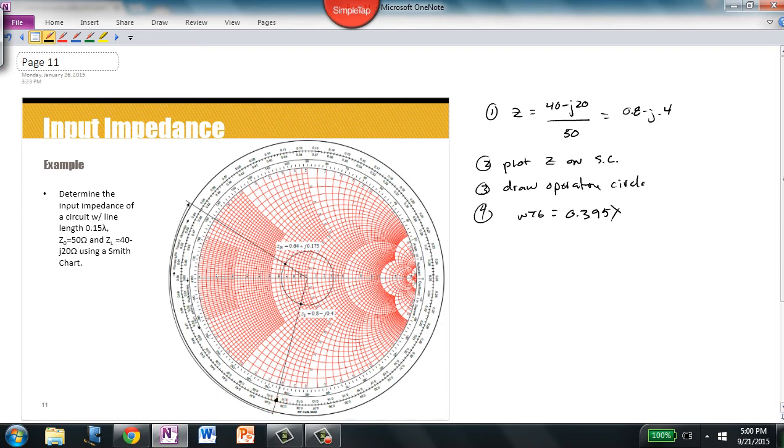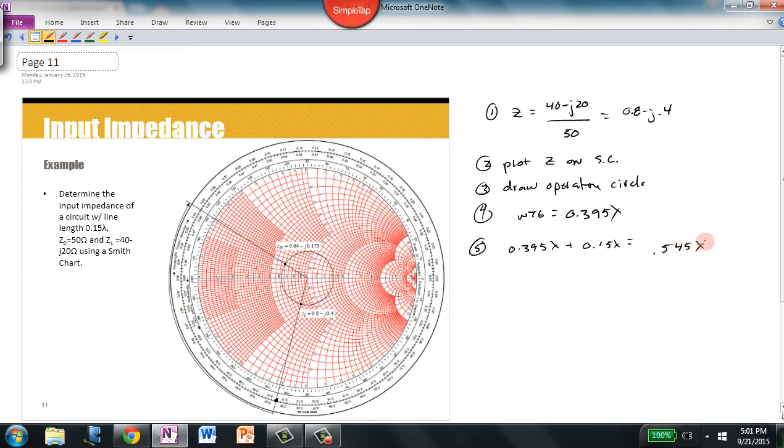Step 5 is that we need to rotate by the length of the transmission line. So we do 0.395 lambda plus 0.15 lambda, and that is equal to 0.545 lambda.